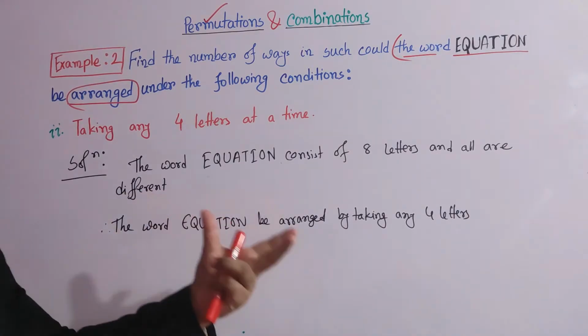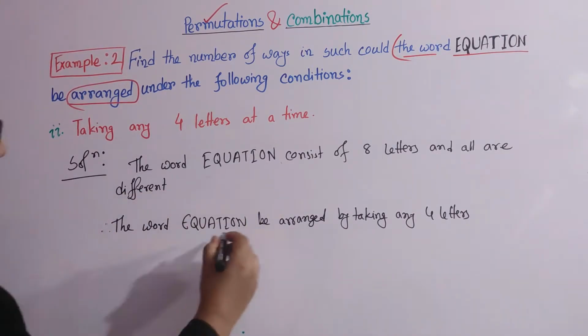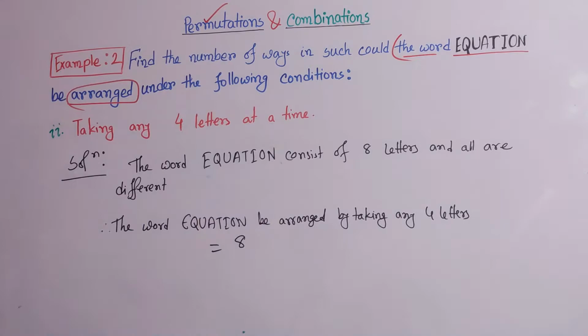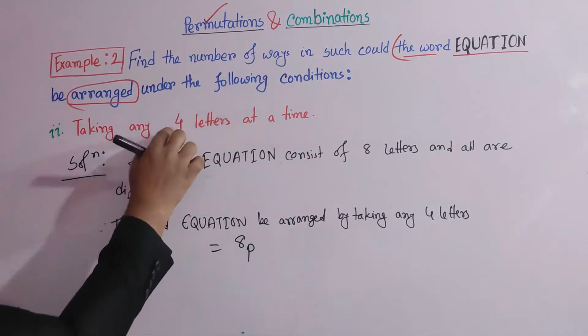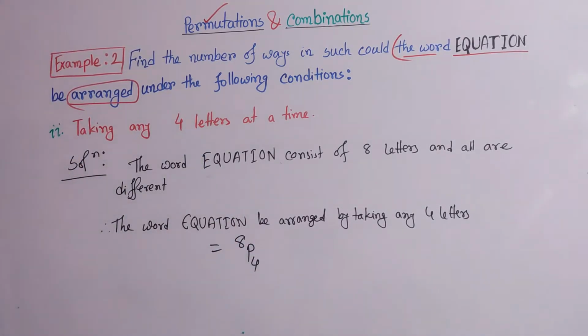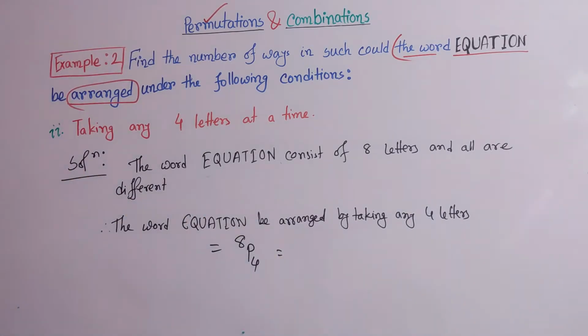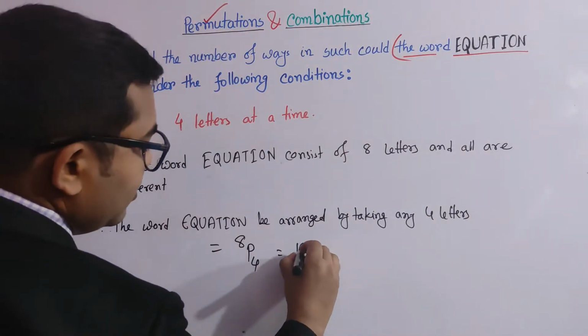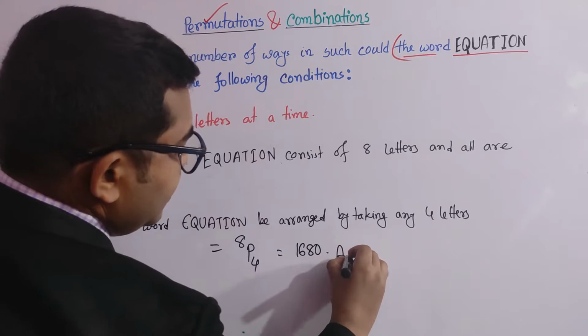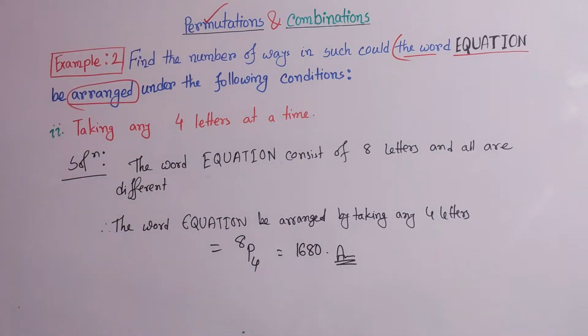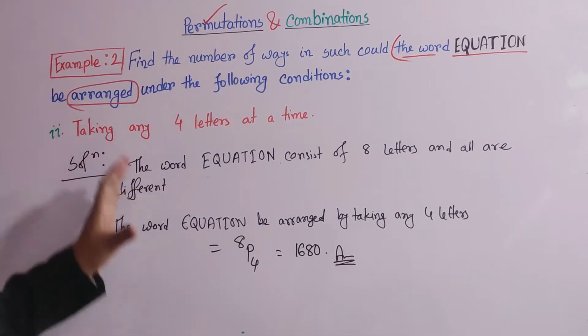How many options do we have? Exactly, we have 8 options and we have to go for only 4. So from 8 options we have to arrange only 4 letters, so 8P4, and if we calculate this it will be approximately 1680, and that's the answer. So this is how we can solve these types of math.